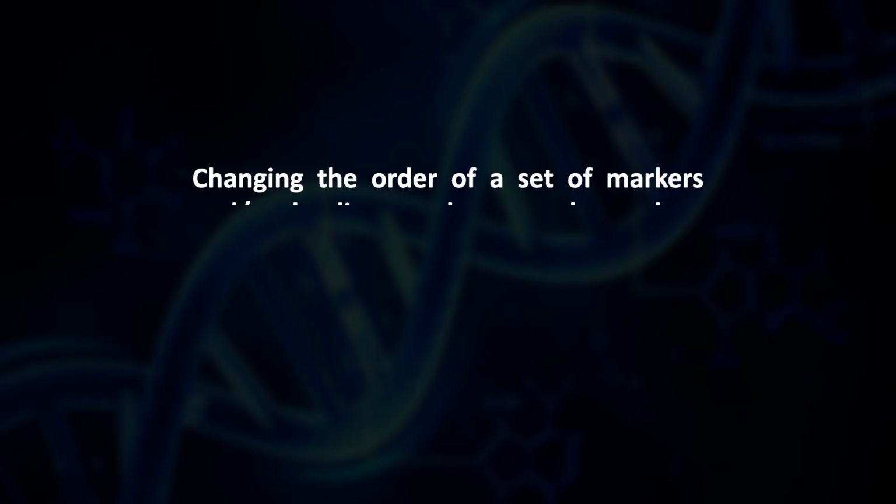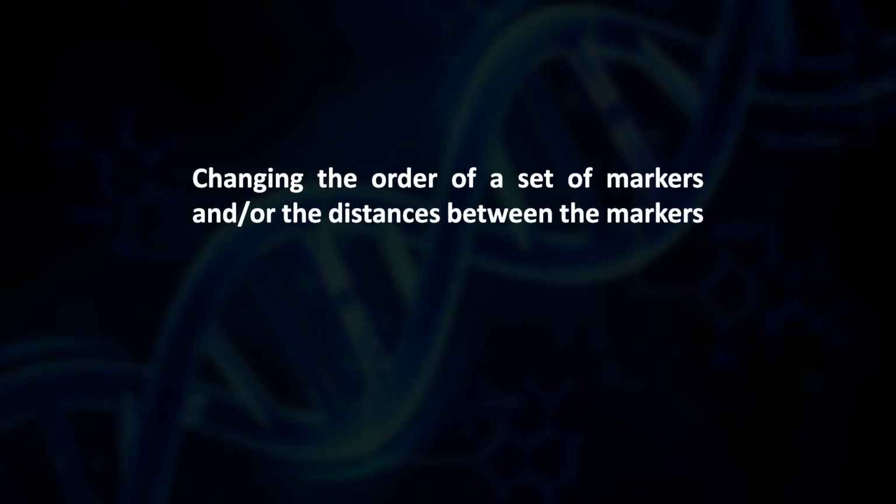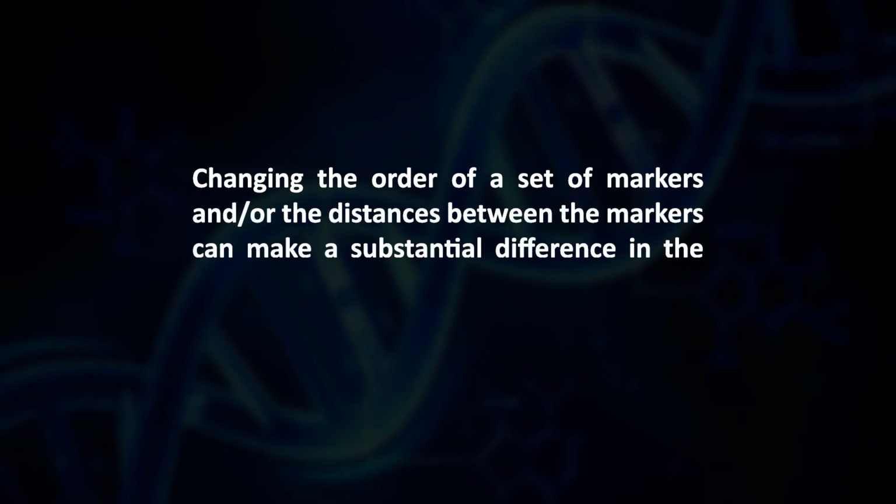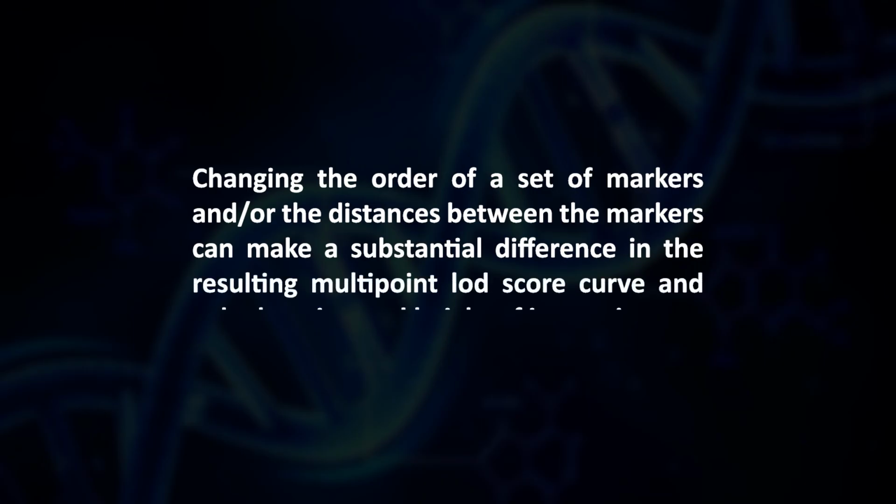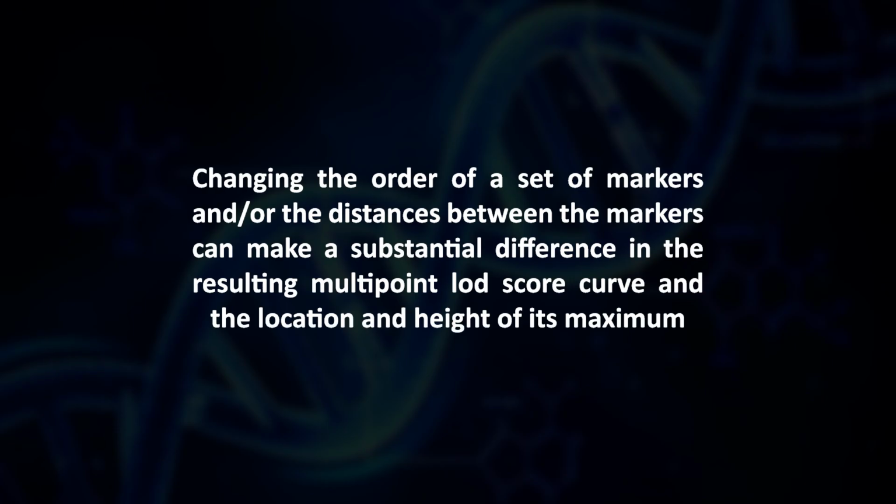Particularly given densely spaced markers, there may not be a single clearly best marker order, and the evidence for linkage may differ substantially depending on the order of a set of markers and/or the distances between the markers. Changing the order of a set of markers and/or the distances between the markers can make a substantial difference in the resulting multi-point Lod score curve and the location and height of its maximum.